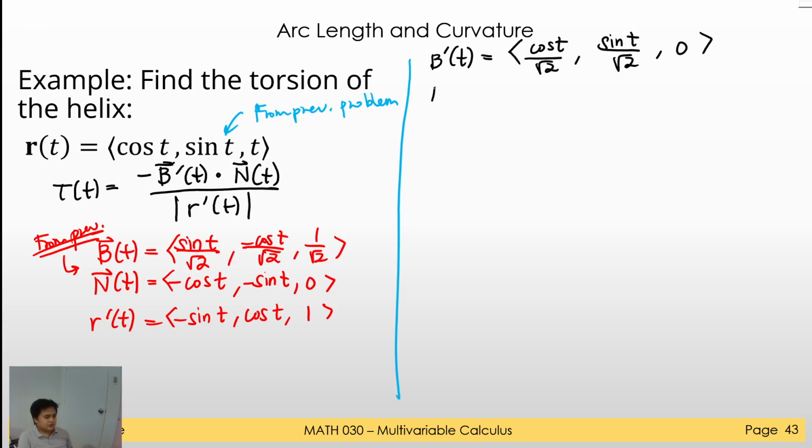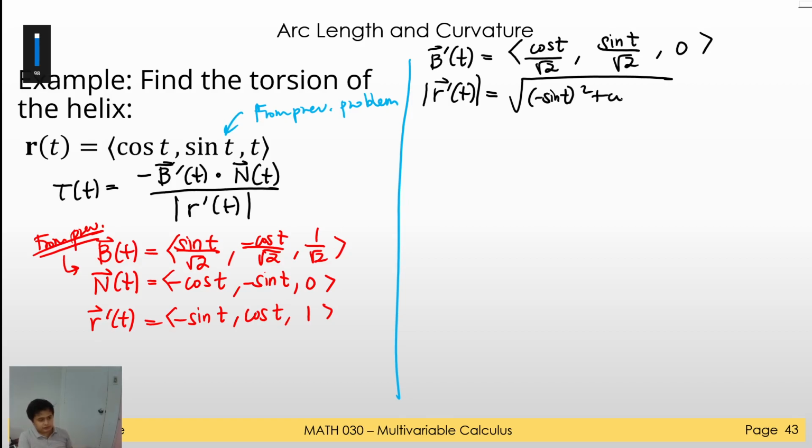For the normal vector, we keep it as is. And then the length of r prime of t is the square root of the sum of the squares: negative sine t squared plus cosine t squared plus 1 squared. This will be 1 plus 1, which is square root of 2.